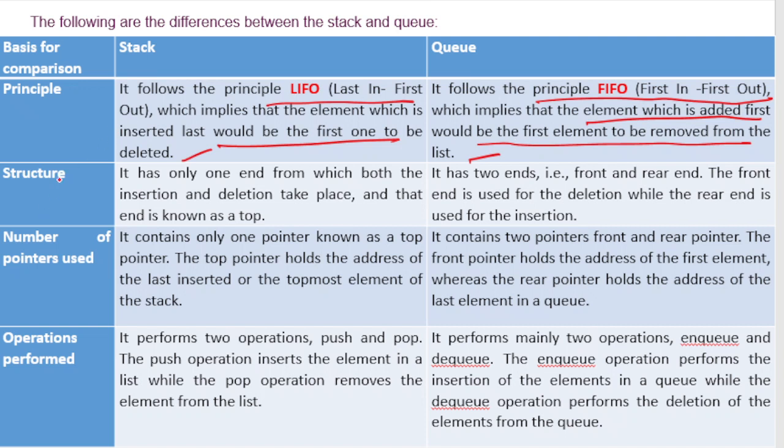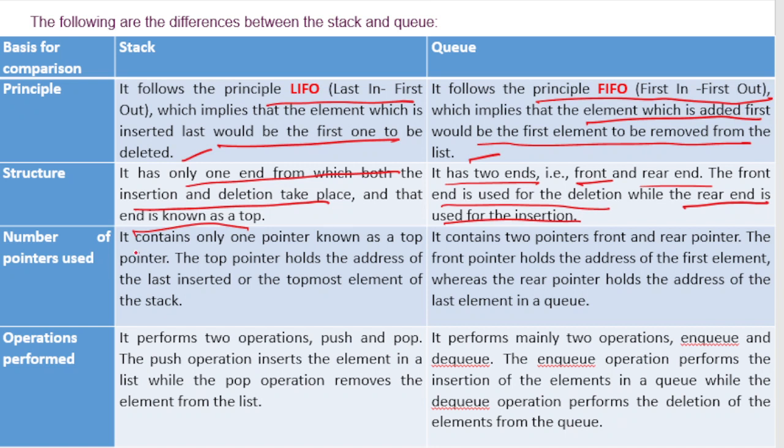In terms of structure, the stack has only one end from which both insertion and deletion take place, and that end is known as top. In a queue there are two ends, the front end and the rear end. The front end is used for deletion, while the rear end is used for insertion.